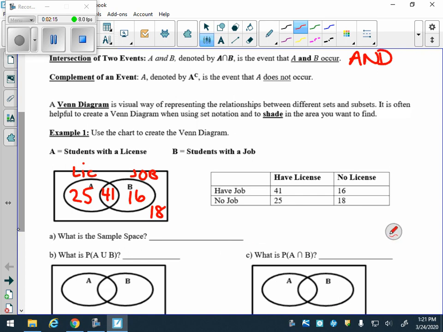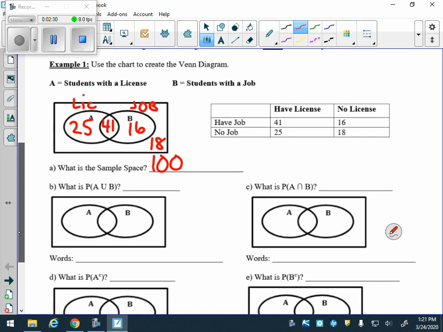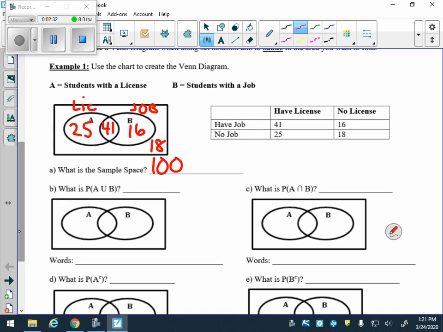Okay, so now what is the sample space? How many students were surveyed in total? 100. If you add it all up, it gives you a total number, which should be 100. Okay, now for B, what is the probability of A union B, which means what is the probability of students having a license or a job or both?